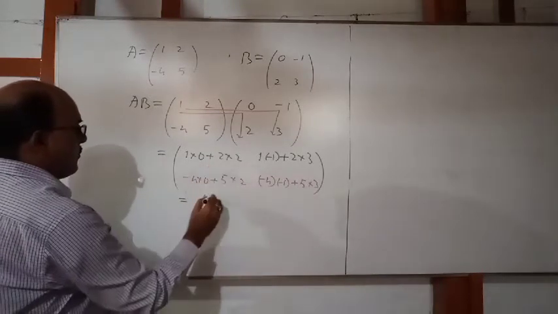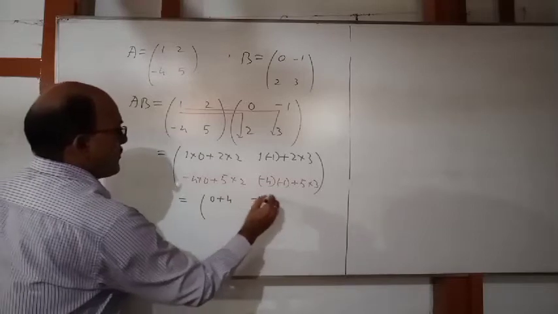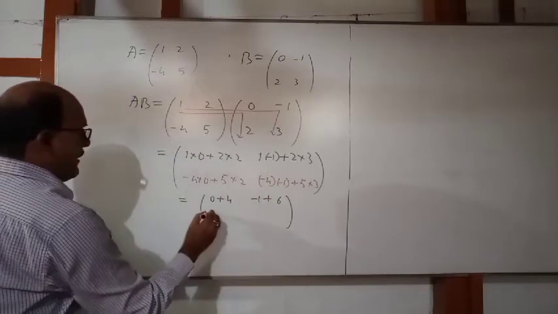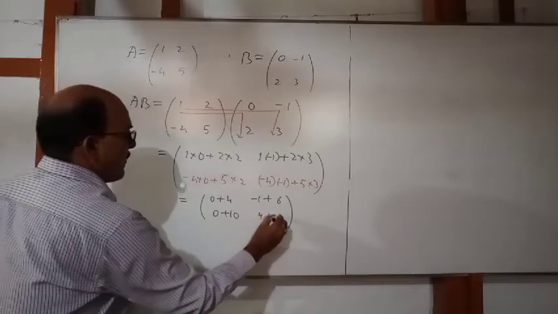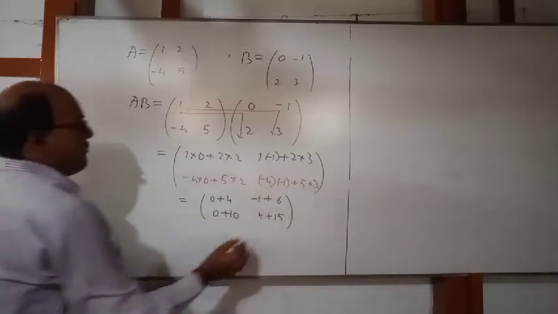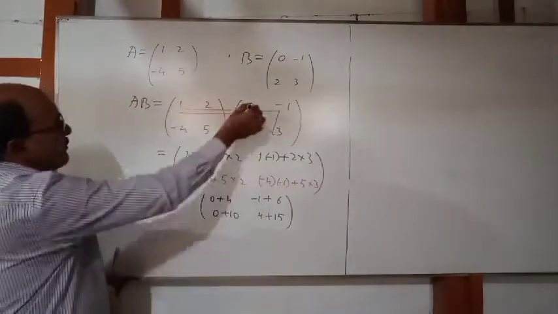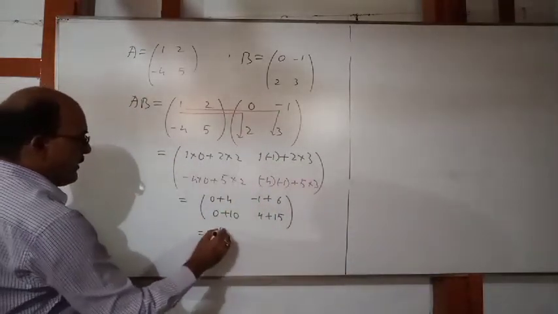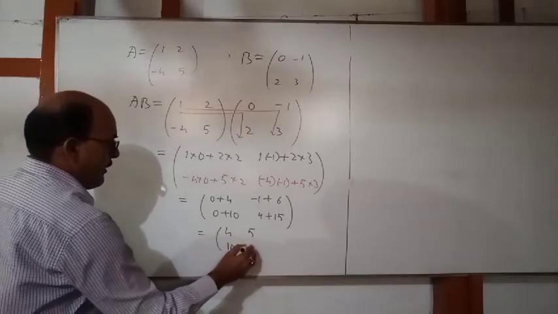This is 0 plus 4, minus 1 plus 6, and 0 plus 10, 4 plus 15. In practical calculation, this second line we may omit. Directly from this we can write this answer, and it will be ultimately 4, 5, 10, 19.